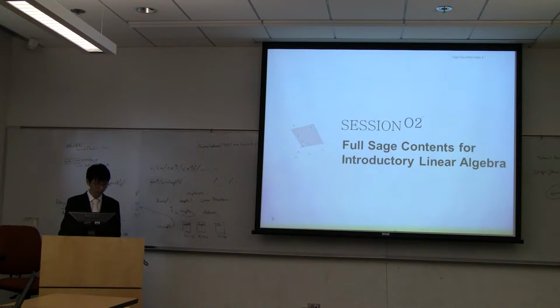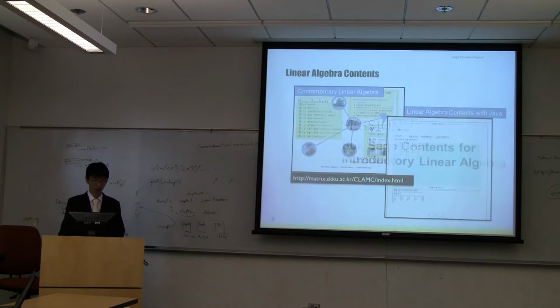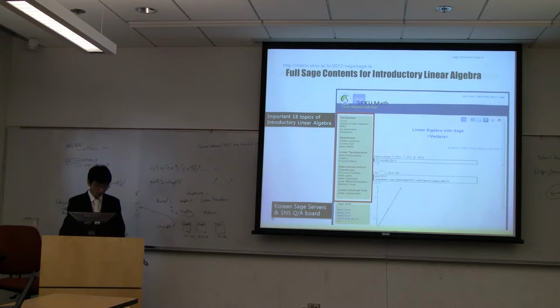We now introduce full Sage content for introductory linear algebra. We have released various e-learning content of linear algebra through our server, but most of it contains Java or Flash tools. In addition, we have made Sage content of linear algebra over the last year. It was based on 18 topics of introductory linear algebra like this.